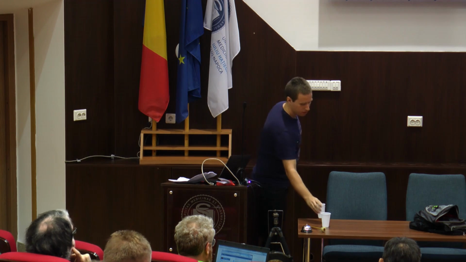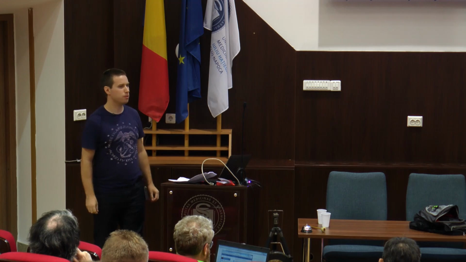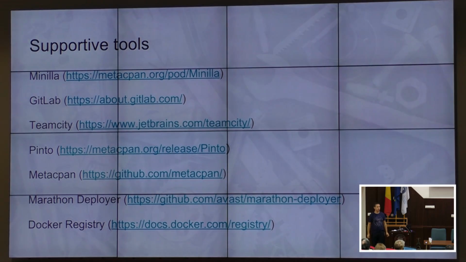Okay, so I guess you just read the list of supportive tools we use. We use Minilla for creating new modules. It's a Distilla alternative, opinionated, and we used it for everything. We use GitLab for storing our modules. We use Teamcity for testing, deploying or releasing our Perl modules to our internal DarkPAN Pinto.